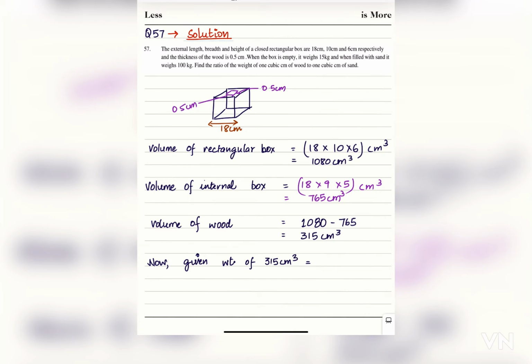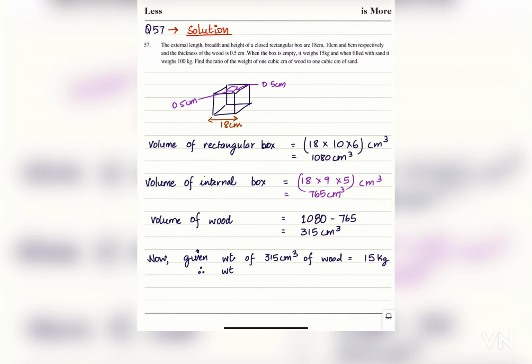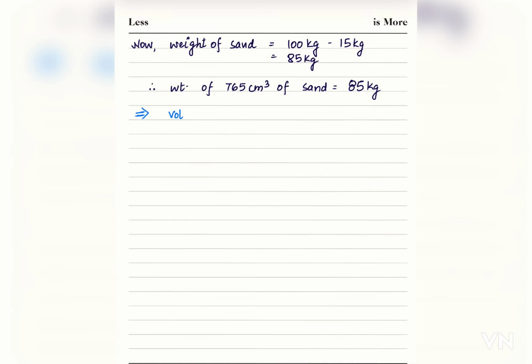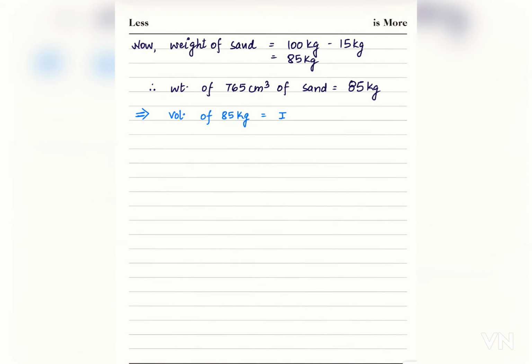So, if we find the weight of 315 centimeter cube of wood, which is 15 kg, we can easily find the weight of 1 centimeter cube of wood, which comes out to be 15 upon 315 kg. That means 1 upon 21 kg after simplifying. Now, the weight of sand would be 100 kgs minus 15 kgs, which comes out to be 85 kgs.